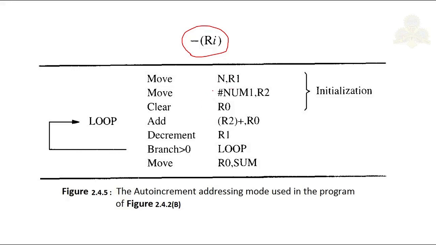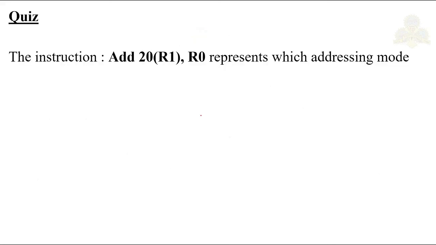First we move the content of n to a register R1, then this is the immediate addressing mode, hash num1 comma R2. Then we clear the register R0. Next, we add the content of R2 to R0 first, then R2 would be incremented. Likewise, we can calculate the sum of n numbers here.